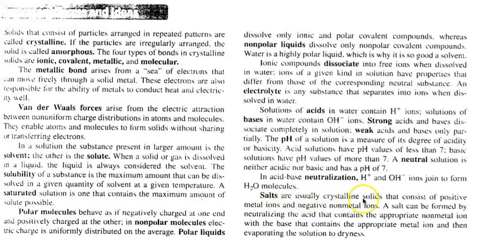Salts are usually crystalline solids that consist of positive metal ions and negative nonmetal ions. A salt can be formed by neutralizing the acid that contains the appropriate nonmetal ions with the base that contains the appropriate metal ions, and then evaporating the solution to dryness.